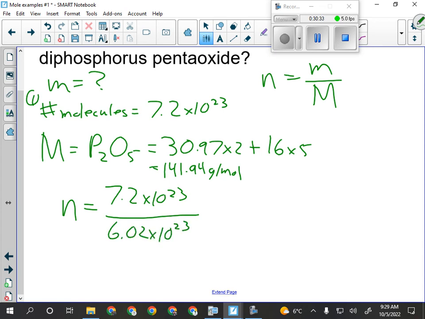Looking at units, this is molecules, and this is molecules per mole. When I divide, the molecules cancel, and I'm left with moles.